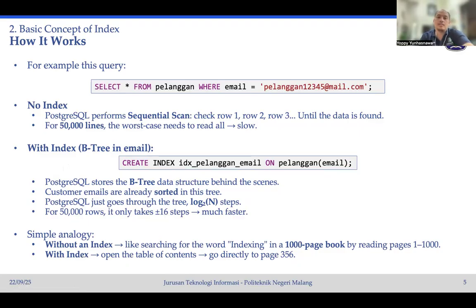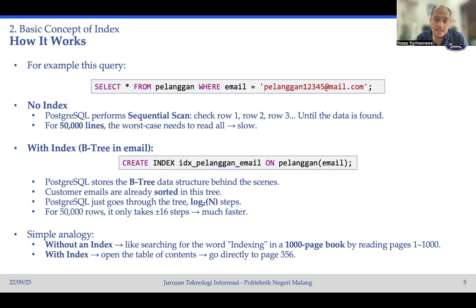We have a simple analogy here. Without an index, it is like searching for the word indexing in a 1,000 page book by reading from page 1 until page 1,000. For example, if we have the topic indexing in a database book, but this topic is positioned on the last page, page 1,000, and we look for it without any table of contents, of course we will go one by one from page 1 until page 1,000.